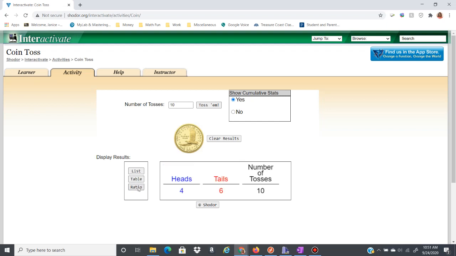Let's add another 0. I toss it 100 times. Well, now I get closer to that 50-50. Do them 1,000 times. I think that was almost the same. Okay, so 1,000 times, closer you get to 50-50.